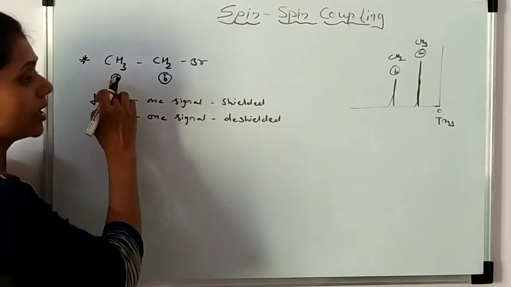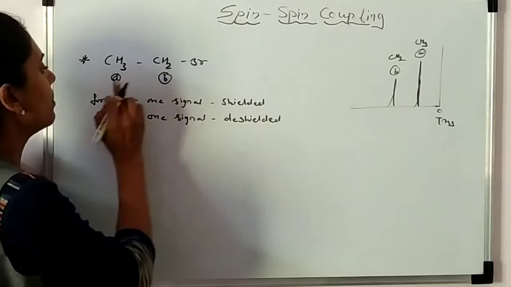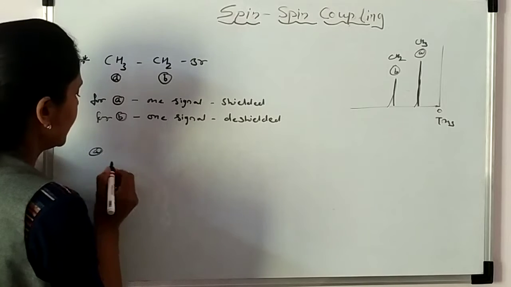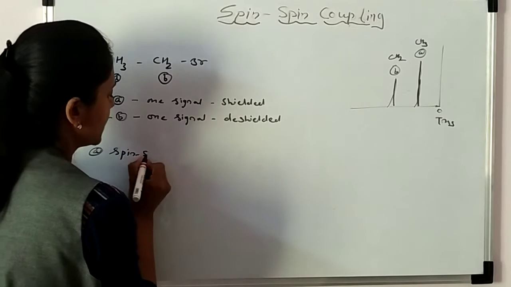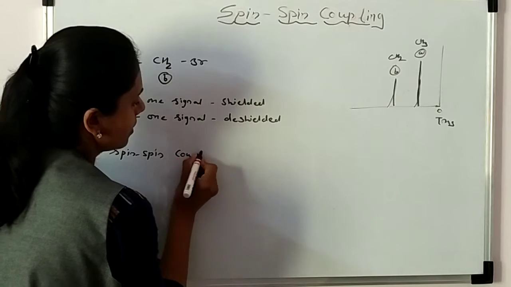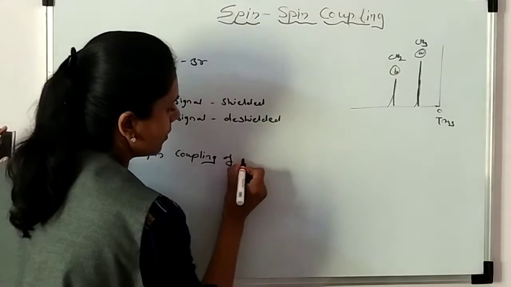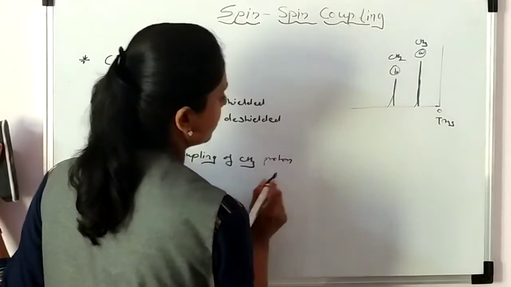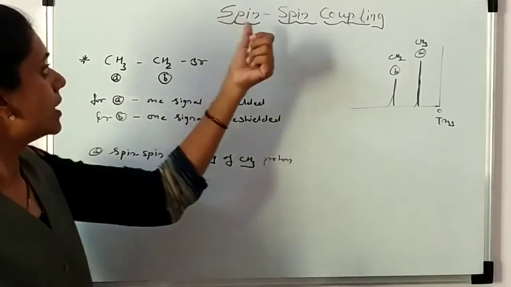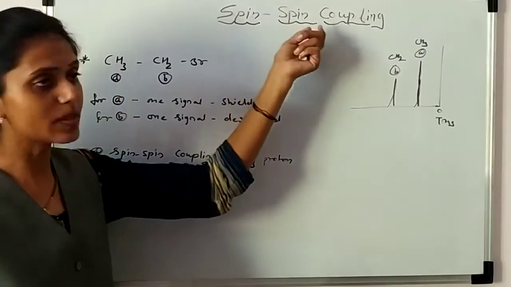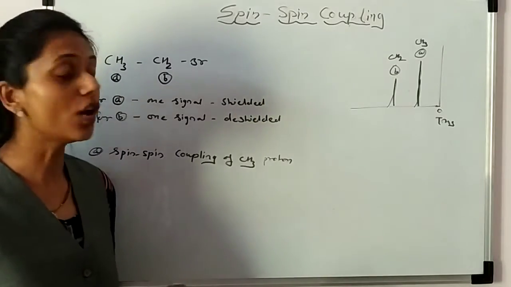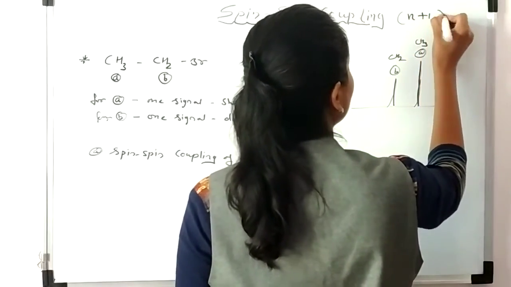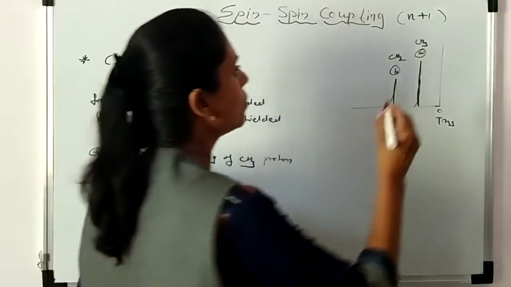Firstly, we studied the spin-spin coupling or spin-spin splitting of the CH3 protons. Spin-spin coupling is also known as spin-spin splitting, and it follows the n+1 rule.